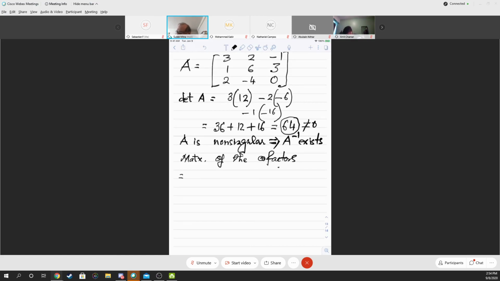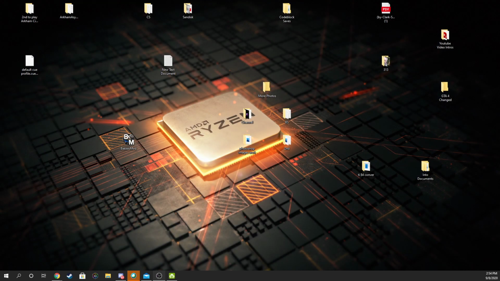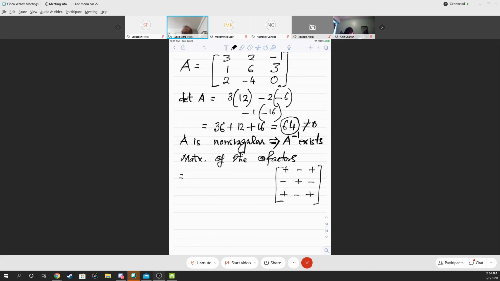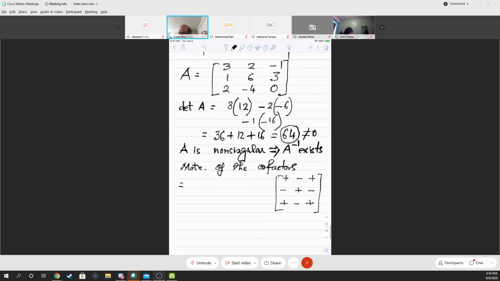So remember, signs are like this. Cij is minus 1 to the power i plus j times mij, where mij is the minor. So plus, minus, plus, minus, plus, minus, plus, minus, plus. I find it very useful to write it like this.